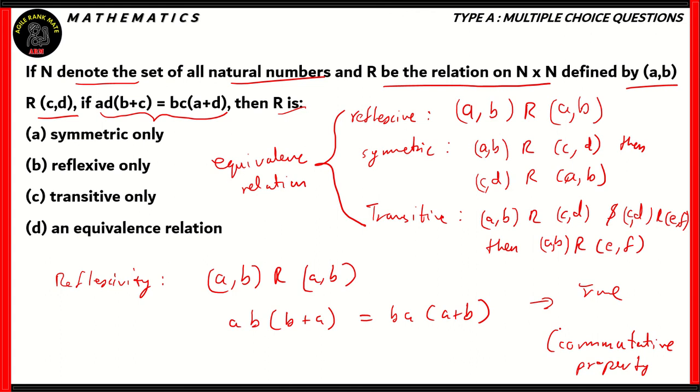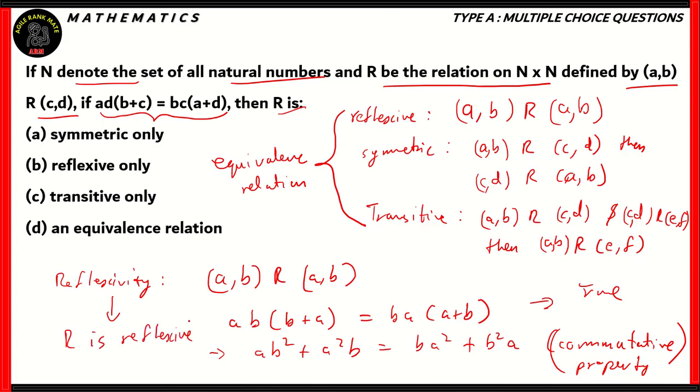We have the commutative property for multiplication and addition. So if you were to multiply out both sides, you would get AB squared plus A squared B on one side, and BA squared plus B squared A on the other. They are still equal. So therefore, the relation R is reflexive.